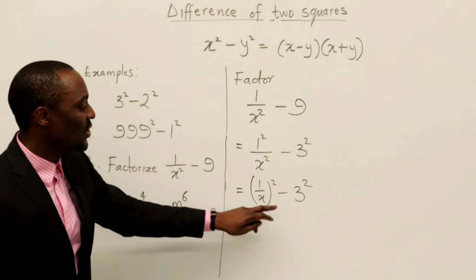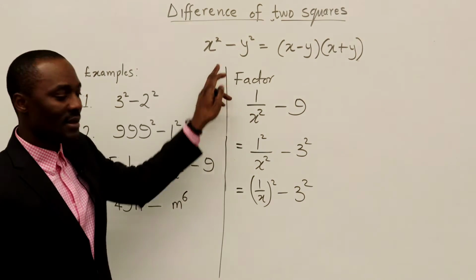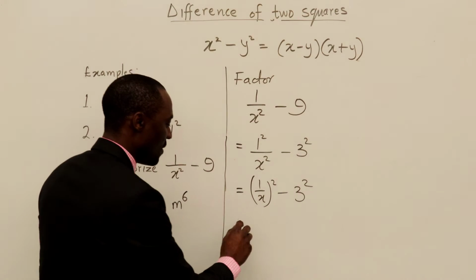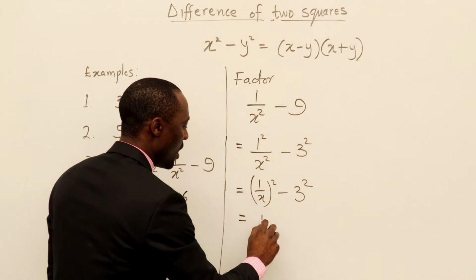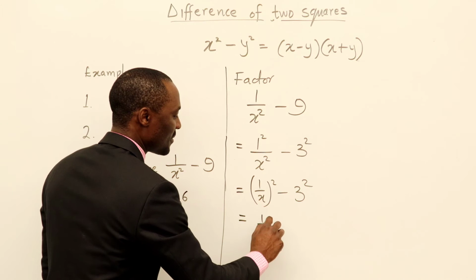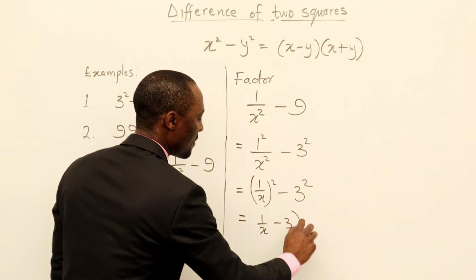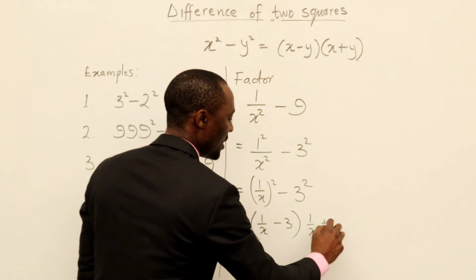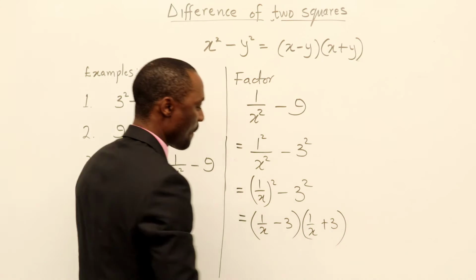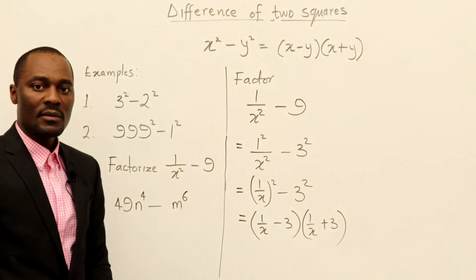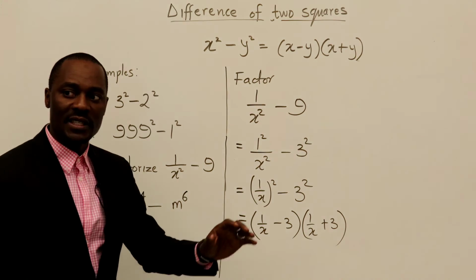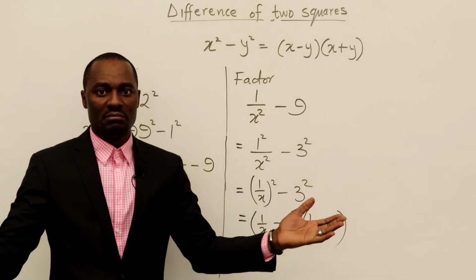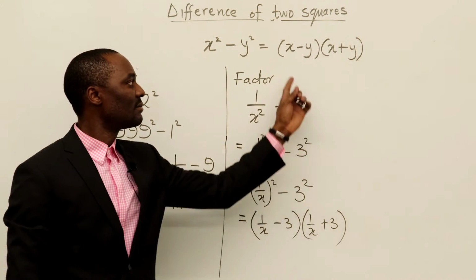We have gone back to something that looks like this. This squared minus this squared. Now we can factor. Your final answer will be 1 over x minus 3, 1 over x plus 3. That's your answer. So all you have to do is find the perfect squares in the problem and just plant them in here.